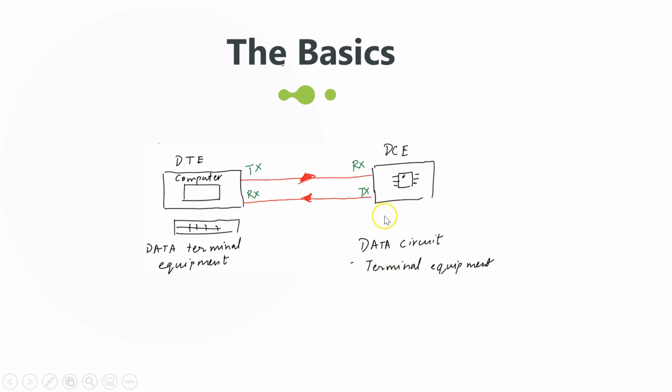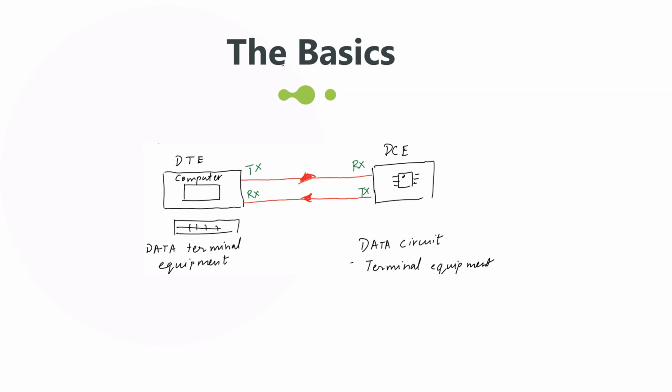That makes sense diagrammatically, but the naming convention usually confuses most people. So think of TX as output. The transmit TX is the output and RX is the input. That way the confusion is resolved.